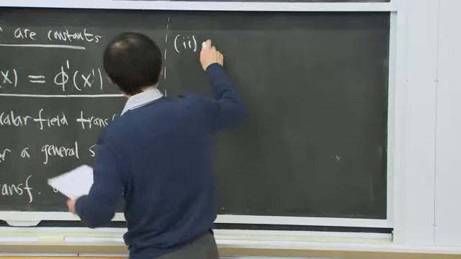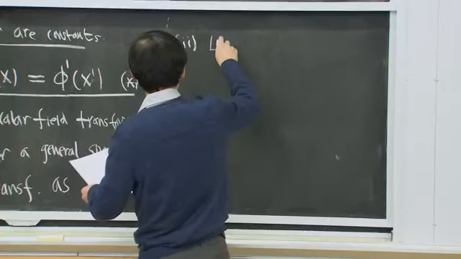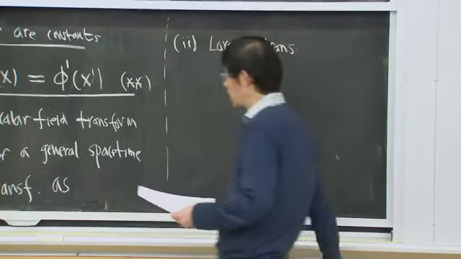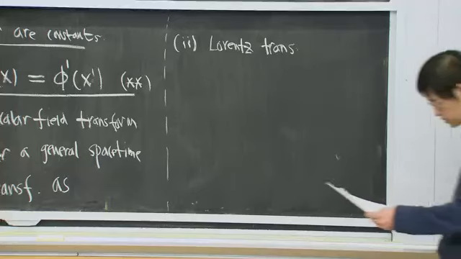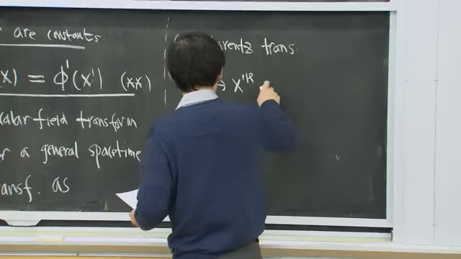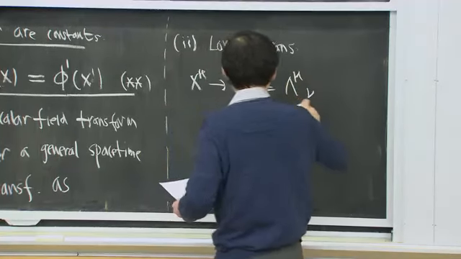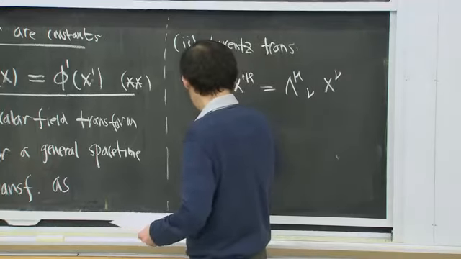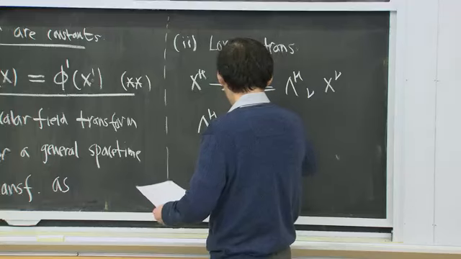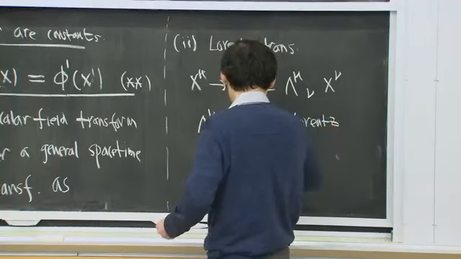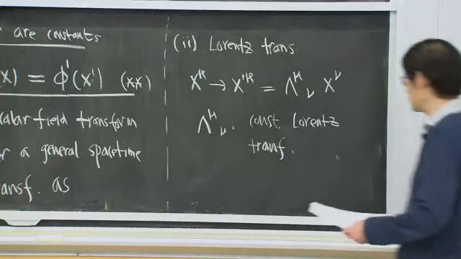So the second transformation under which this is invariant is a Lorentz symmetry. A Lorentz transformation is another kind of space-time transformation on the space-time coordinates. You take x mu to x mu prime equal to lambda mu nu x nu, where lambda mu nu is the constant Lorentz transformation matrix.